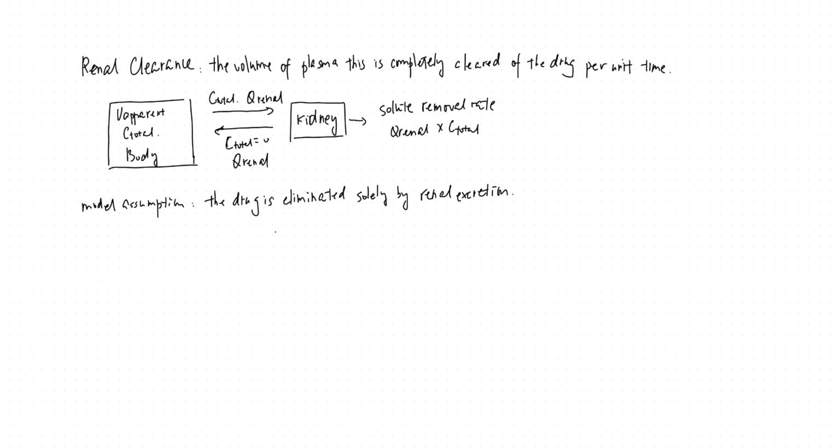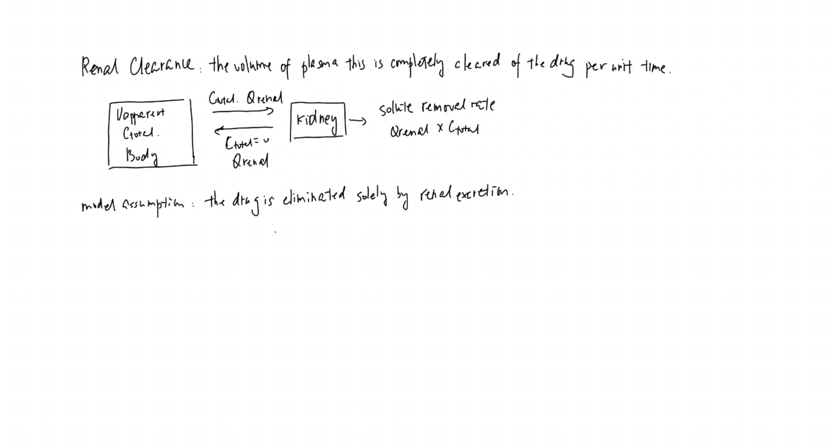We use the plasma drug concentration as a representative of the drug concentration in the body, and we give it a volume called V apparent. We have seen that V apparent multiplied by C total gives the total amount of the drug in the body at a given time.